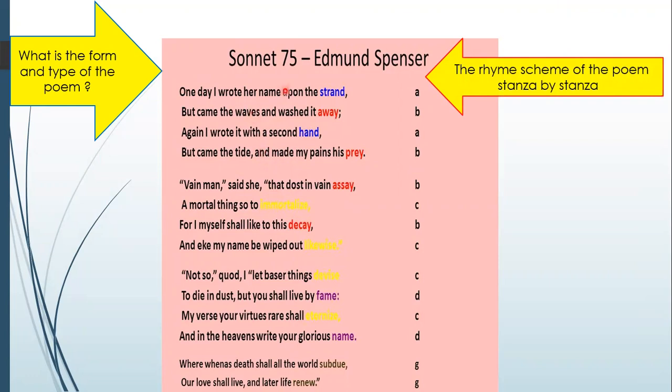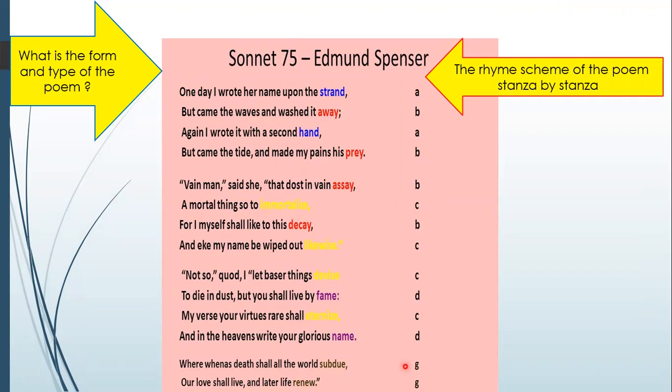So you see here, strand A, way B, and A again, pray B, essay B, you see here, B and B, immortalized, new rhyme, C, decay B, likewise, C, device C, fame D, eternize C, name D, and a couplet at the end.